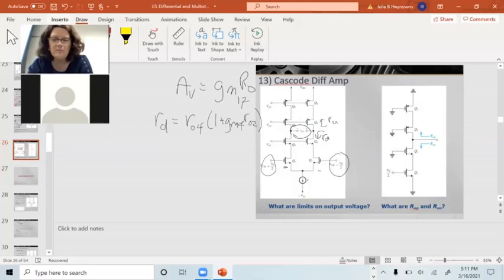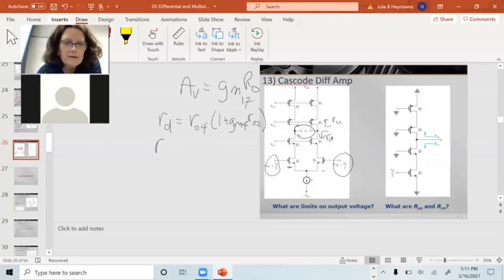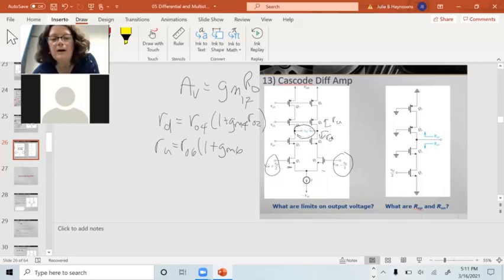That is a much bigger number. R up is RO6 times 1 plus GM6 RO5.